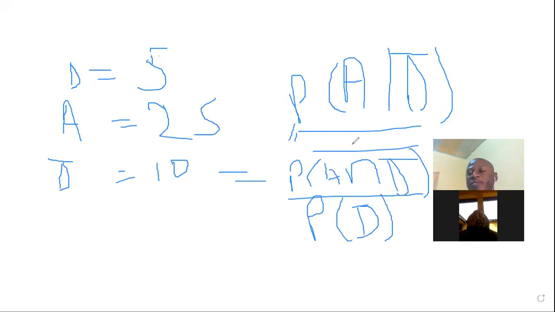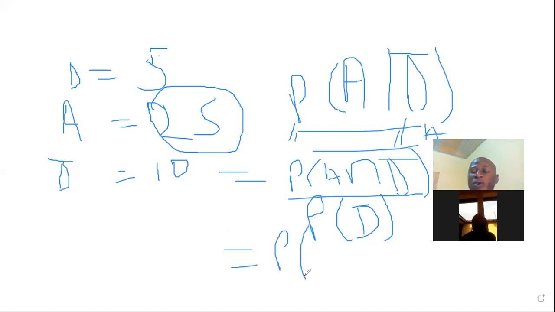Now this one here is just the same thing as saying that the transistor is acceptable. So the probability of the transistor being acceptable is just the same as the 25 that we have here. Can you see that? Yes, sir. So this is going to be probability of A divided by probability of not defective.